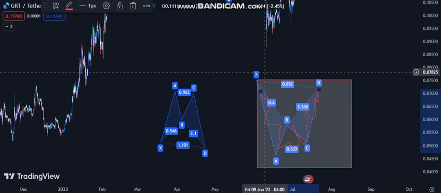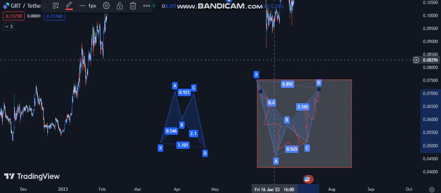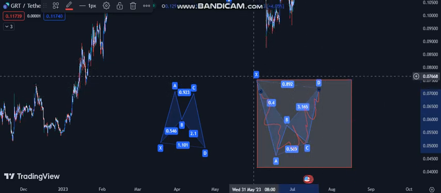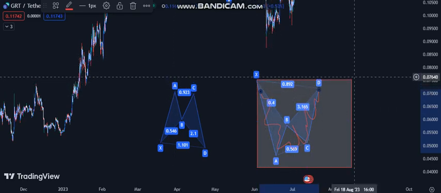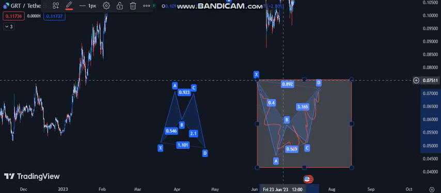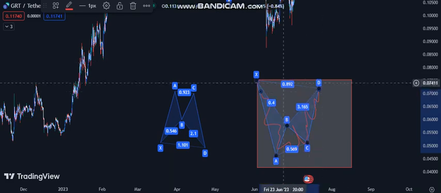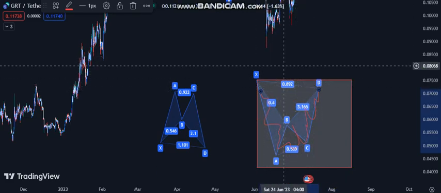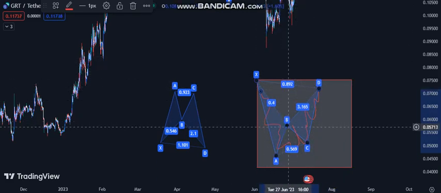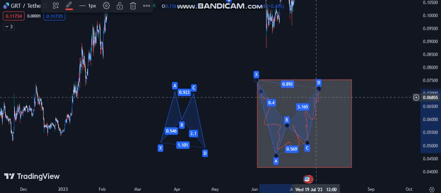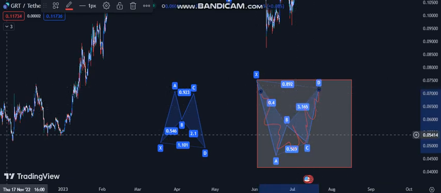Because first of all, the rule is, at least you have two confluences for a trade. First thing I will look at is, is there any resistance lying here, is there any bearish order block lying here, or any other stuff, fib 0.5, anything else lying here. So this will be my first sign of being comfortable for a short.